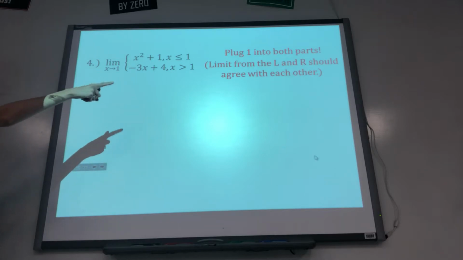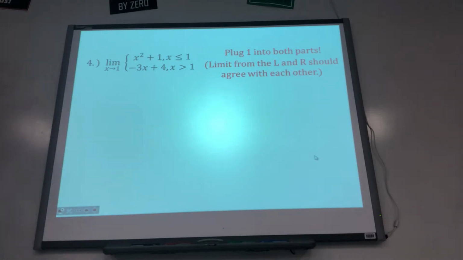And if you want to use our little shortcut for this type of problem, since you're coming in from both sides here, for the shortcut, you would have to plug the 1 into both parts. That's the first thing to do. Plug that number into both parts, or both behaviors.